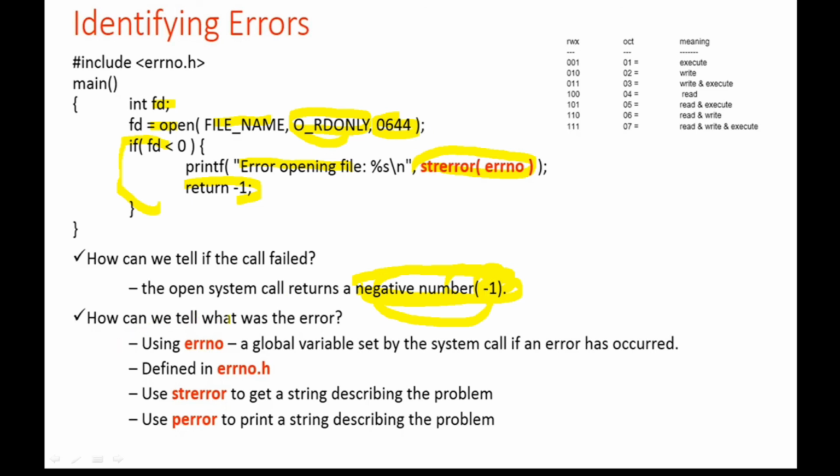Then how can we tell what the error was? Using errno, a global variable set by the system call if an error has occurred, which is defined in errno.h. So we have to include that header file here. Then use strerror to get the string description of the problem and perror to print the string describing the problem here.